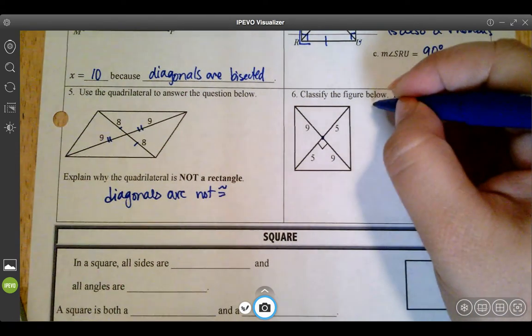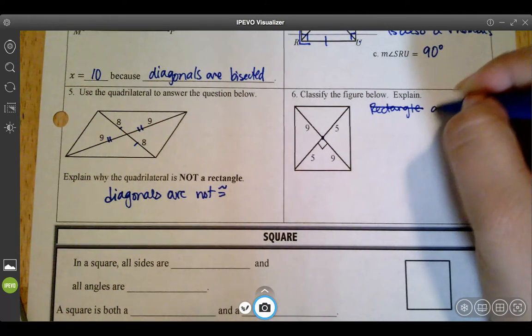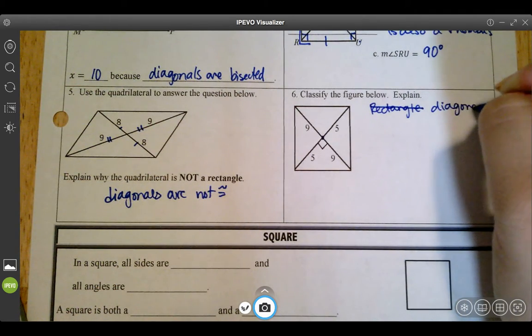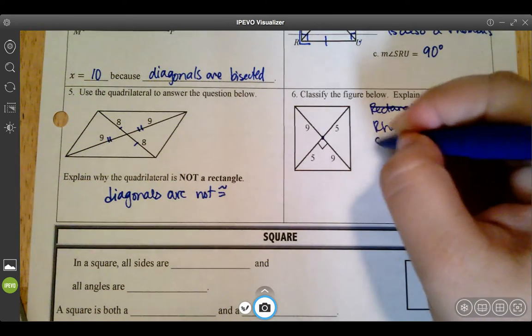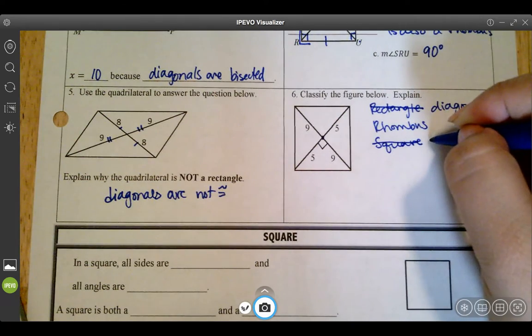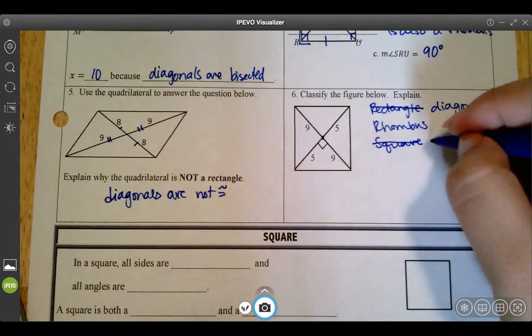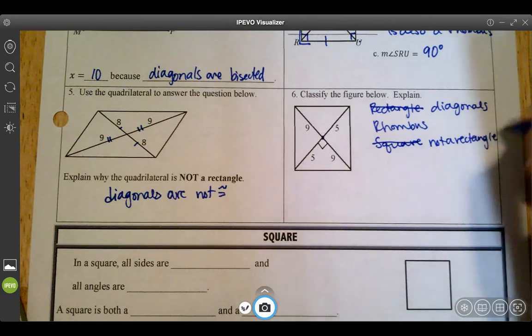So let's start with can't be a rectangle because of the diagonals. It could be a rhombus. Could it be a square? Well, no, it can't be a square because it's not a rectangle, right? If it's not a rectangle, it can't be a square.